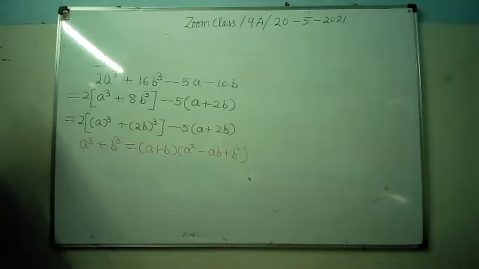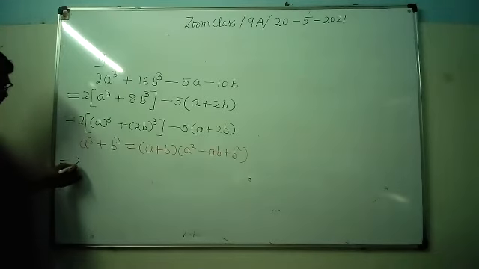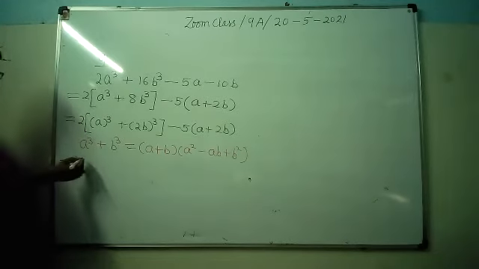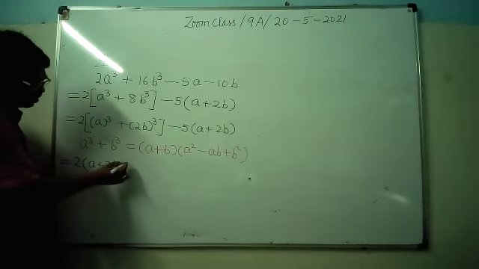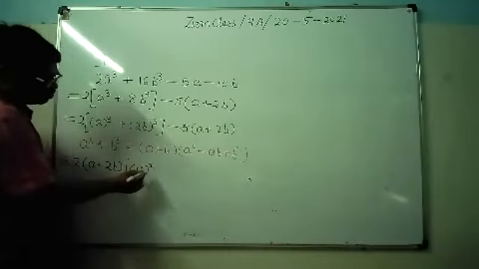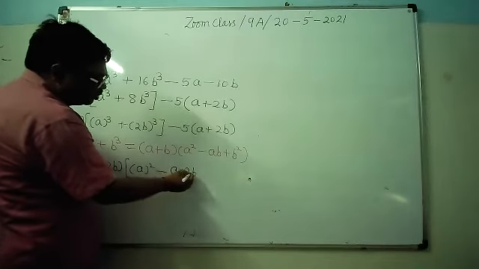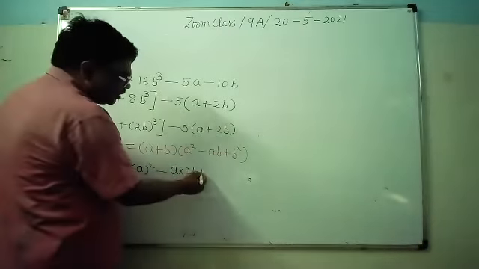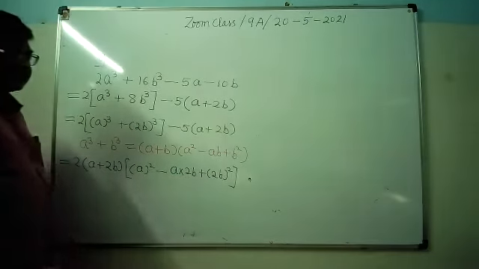What is in place of a? A. And in place of b? 2b. So it will be a plus 2b. Now in the other bracket, a square, that is a whole square, minus ab, that is a into 2b, plus b square, that is 2b whole square.